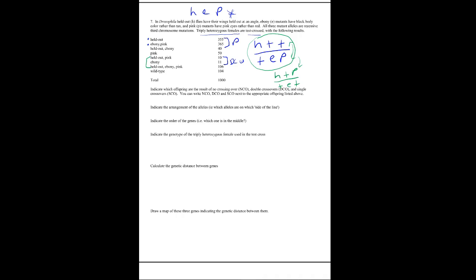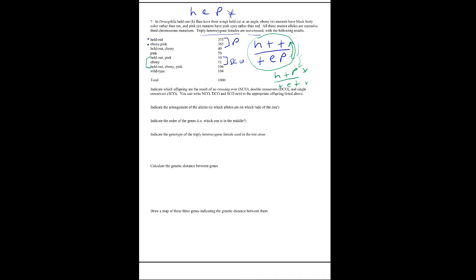If E switches sides, we get H, E on one side and just P by itself on the other. That's not what we got. If P switches sides, then P is going to jump up here and the plus is going to go down there. Then we'll have H and P on the same side and E by itself. So that tells us that P is in the middle because that's the one that switched.